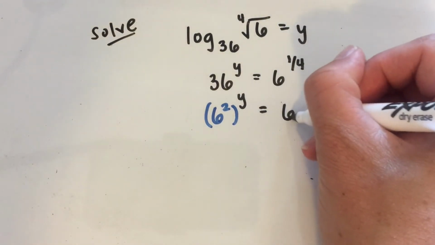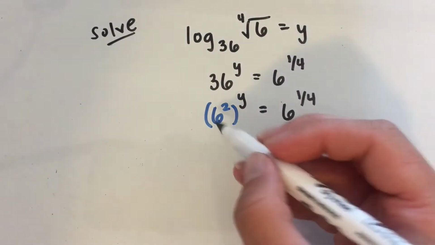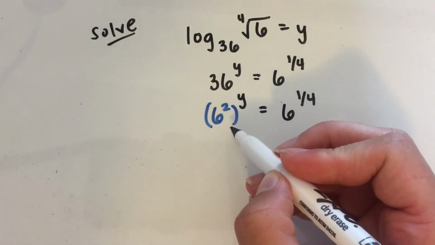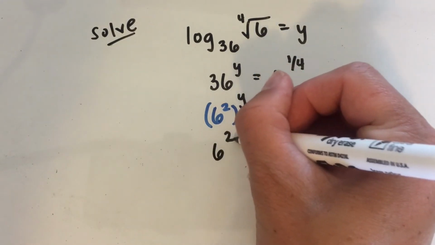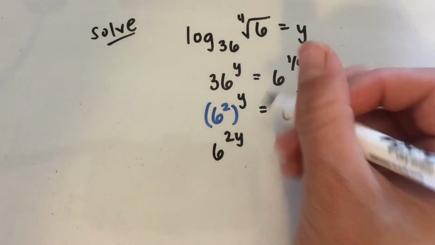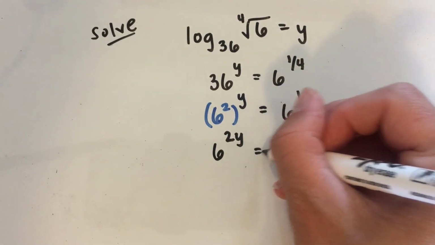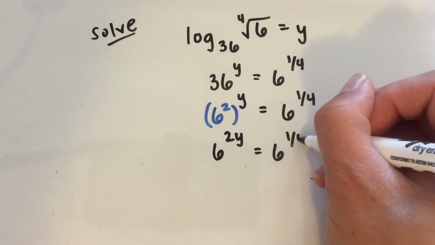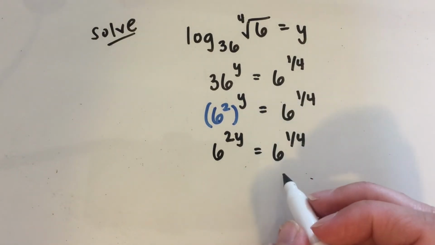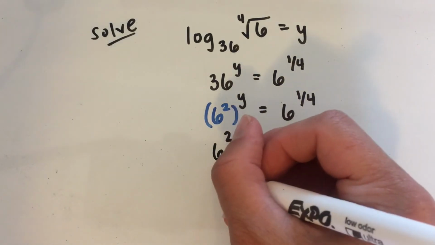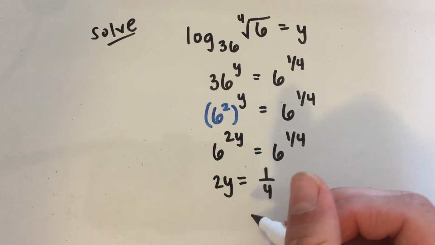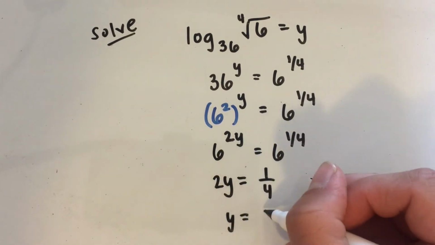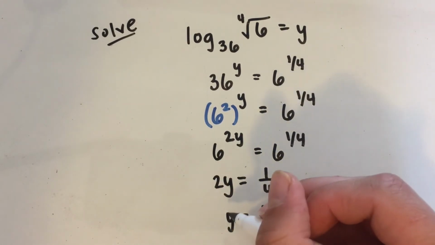And now using exponent laws, if you have a power raised to a power, you multiply those two. So we get 6 to the 2 times y equals 6 to the 1/4. That means 2y equals 1/4 because we can ignore the base as long as they're equal. Then after dividing 2 on each side, we get y equals 1/8.